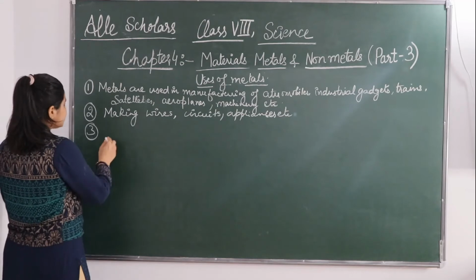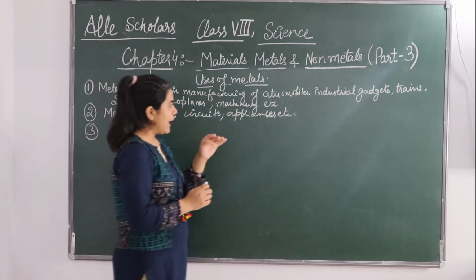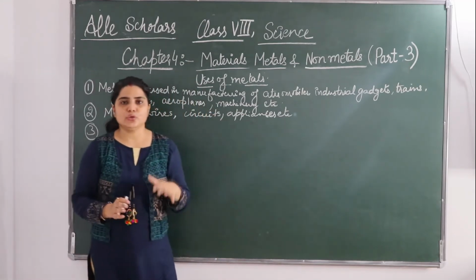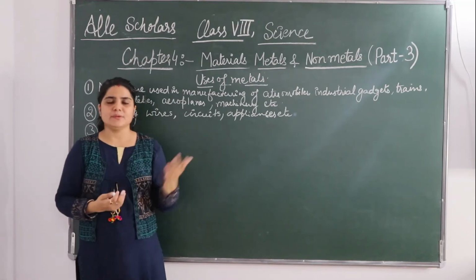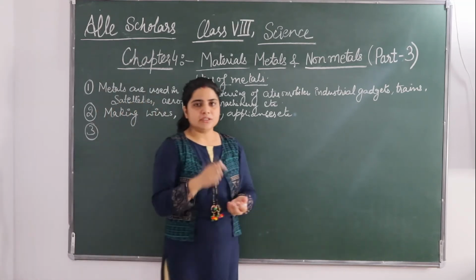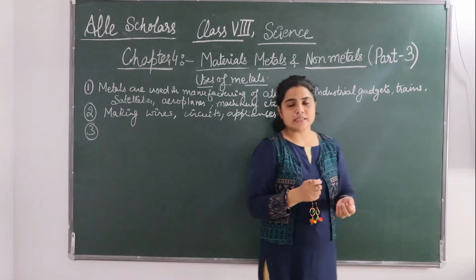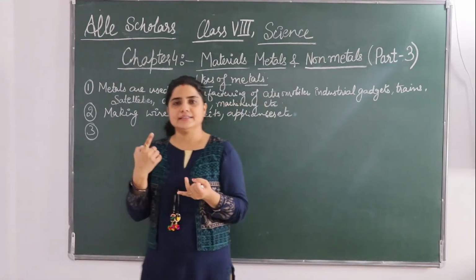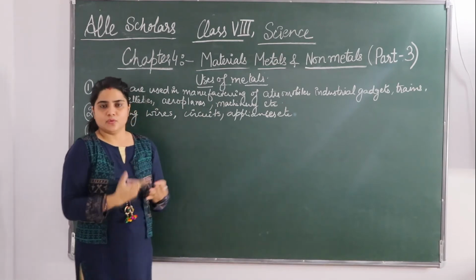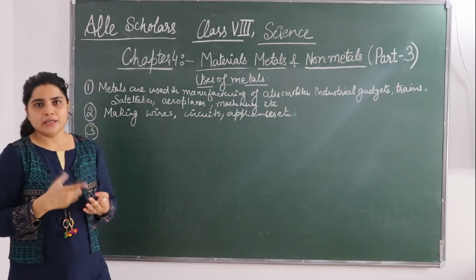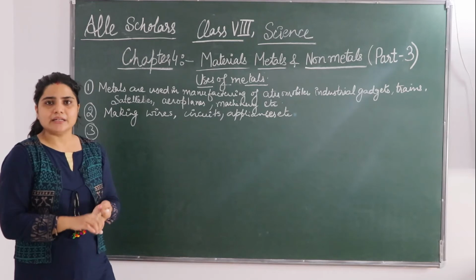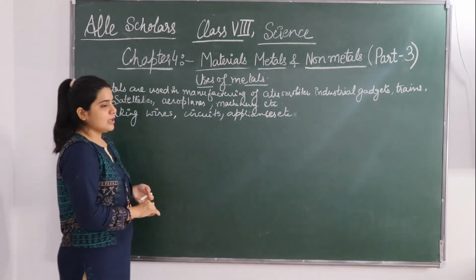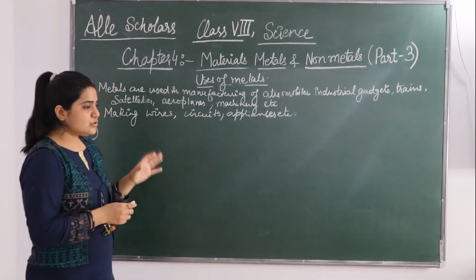Next, metals are used for making utensils. You must have seen at your home your mother cooking in utensils. All those items are made up of metals like iron, aluminum, steel. So all these metals are used for cooking. Why is it so?